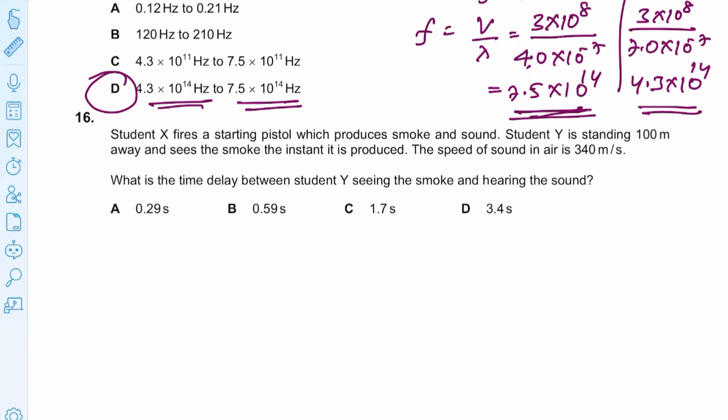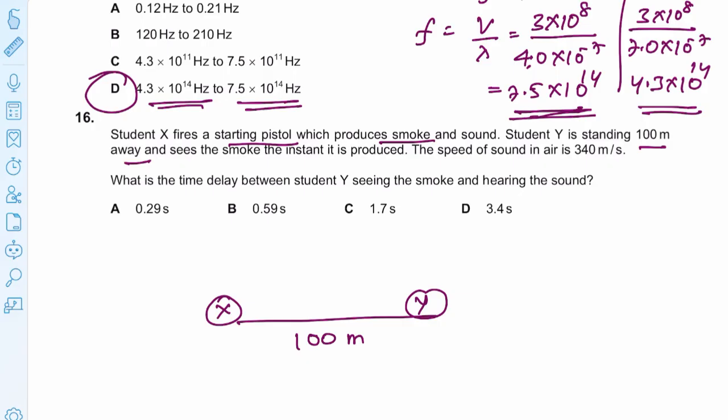Question number 16 says, student X fires a starting pistol which produces smoke and sound. Student Y is standing 100 meter away. Here student X is here, student Y is 100 meter away. This is given as 100 meter, right? Student Y sees the smoke at the instant it is produced. The speed of sound in air is given as 340 meter per second.